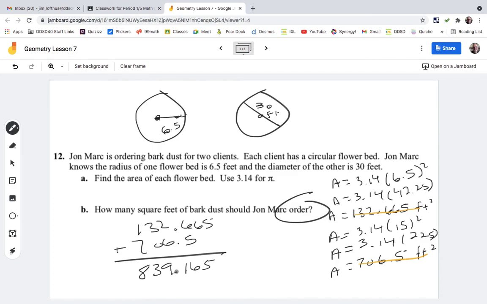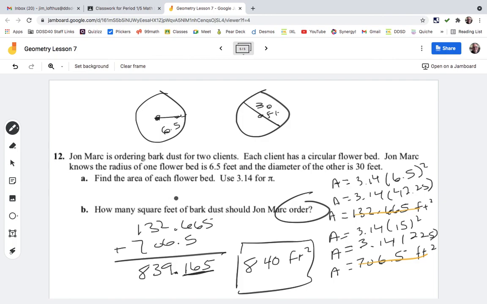Now, how much should he order? You're not going to be able to order this amount right here. If you call, they're not going to be able to measure 165 thousandths of a foot. So you're going to order this amount right here, 840 square feet. Now, when you order, they're probably not even going to be able to order in square feet.